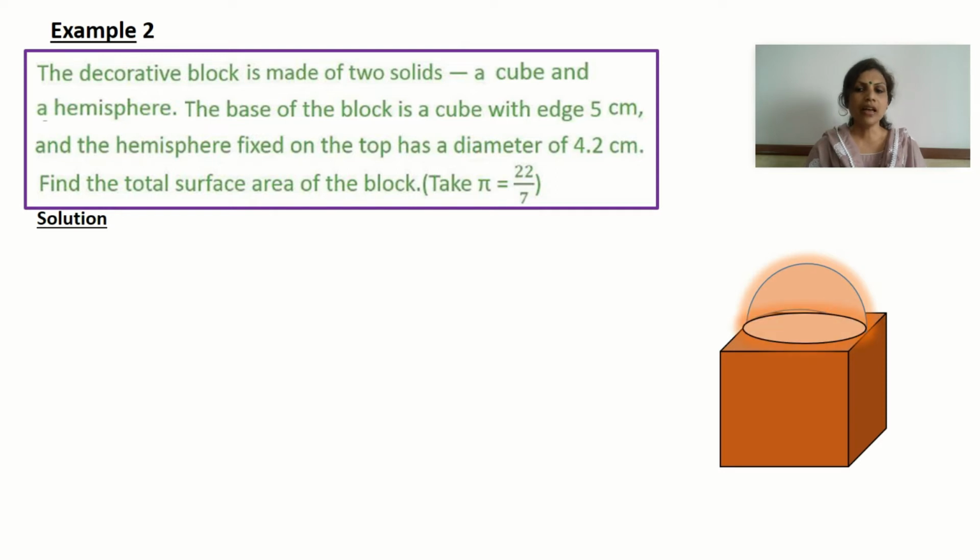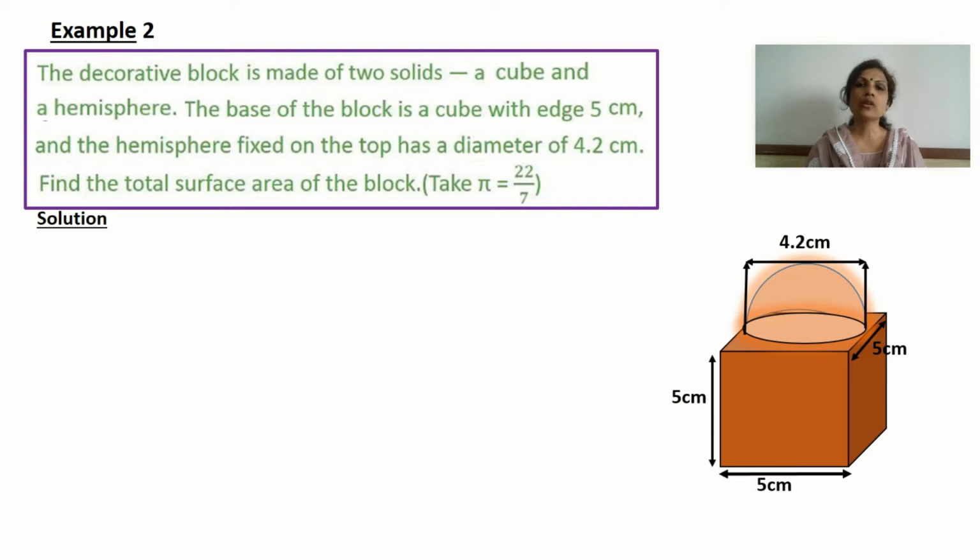We are given that the edge of the cube is 5 cm. So let's mark the edges like this, 5 cm is the measurement. Along with that, we are given that the diameter of the hemisphere is 4.2. So let's mark that diameter of the hemisphere as 4.2.